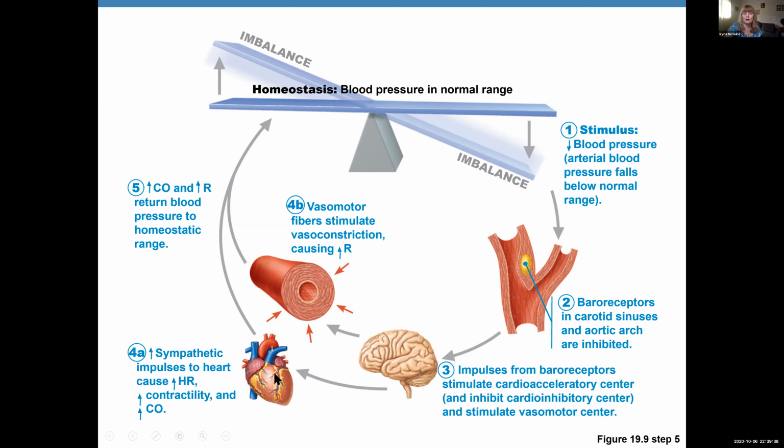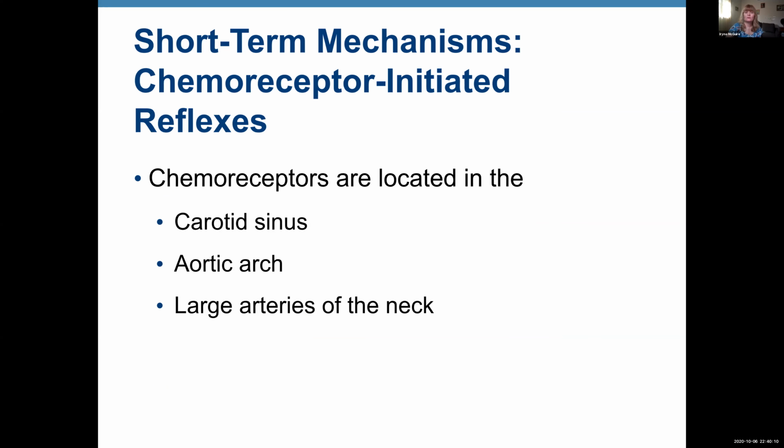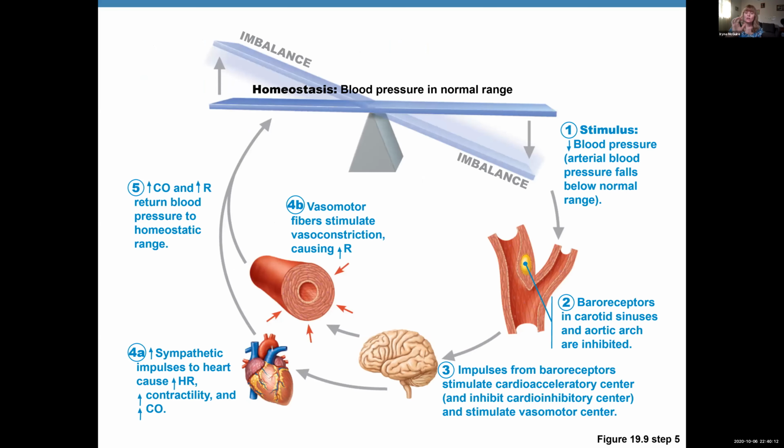Because we want to increase cardiac output, we're going to stimulate the cardio-acceleratory center. We want to inhibit cardio-inhibitory, and we want to stimulate the vasomotor center to force the smooth muscles to contract, to constrict those vessels and increase the resistance, right? And then we go back to normal. It might be a little bit confusing at the beginning, but when you look at these diagrams again, they all make sense, right?